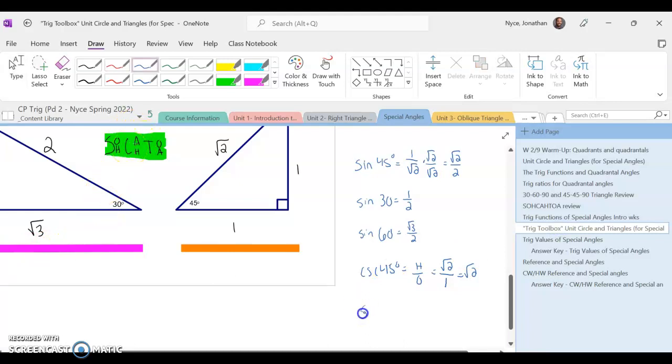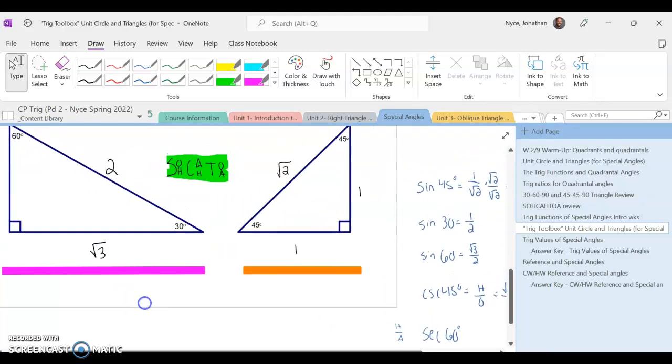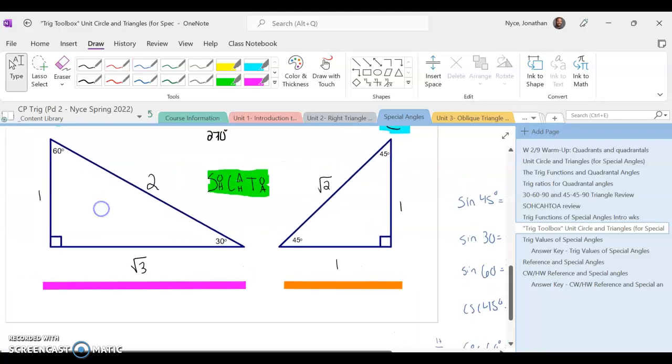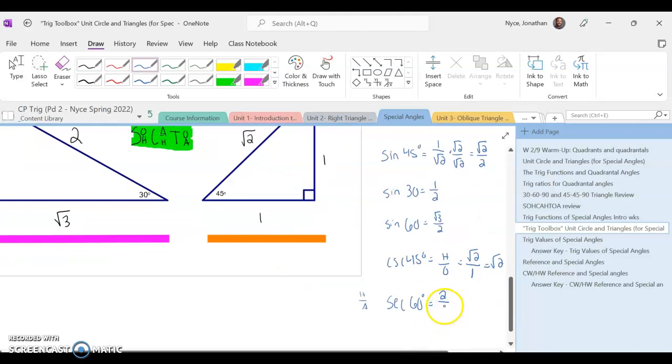So instead of adjacent over hypotenuse, I'm going to do hypotenuse over adjacent. For my 30, 60, 90 triangle, my hypotenuse is 2, and adjacent to that 60-degree angle is a side length of 1. So the secant of 60 degrees is just 2.